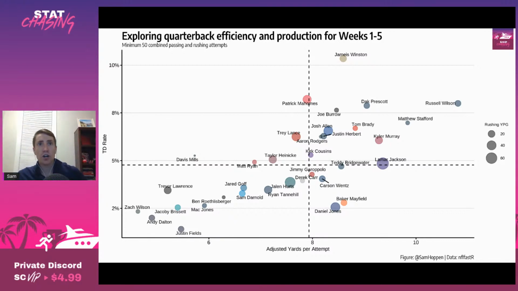So with each of these charts that I'll show throughout the show, I am going to show the 5-week rolling average for the first half of the conversation, and then halfway through we'll switch to a view from the last week of data.